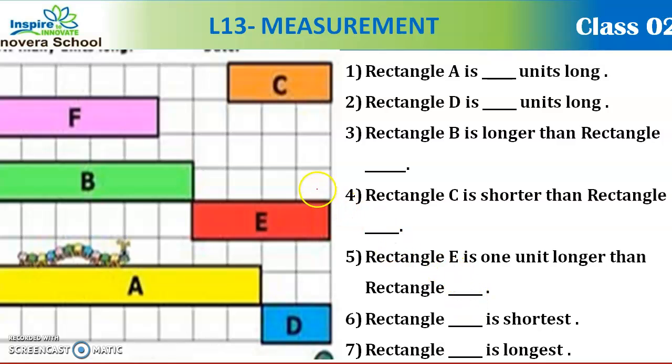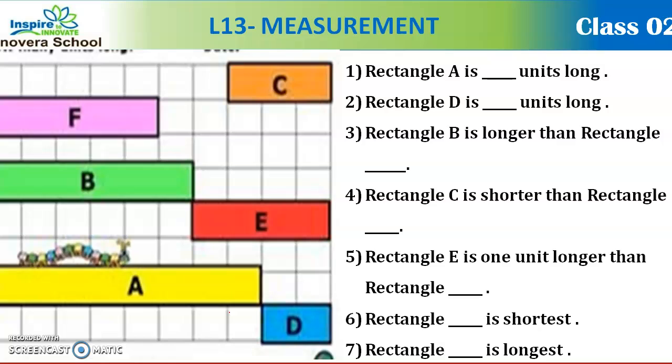Now here are some exercises for you all to solve. In the first image some rectangles are given. On those rectangles letters are written and they are covered with blocks.